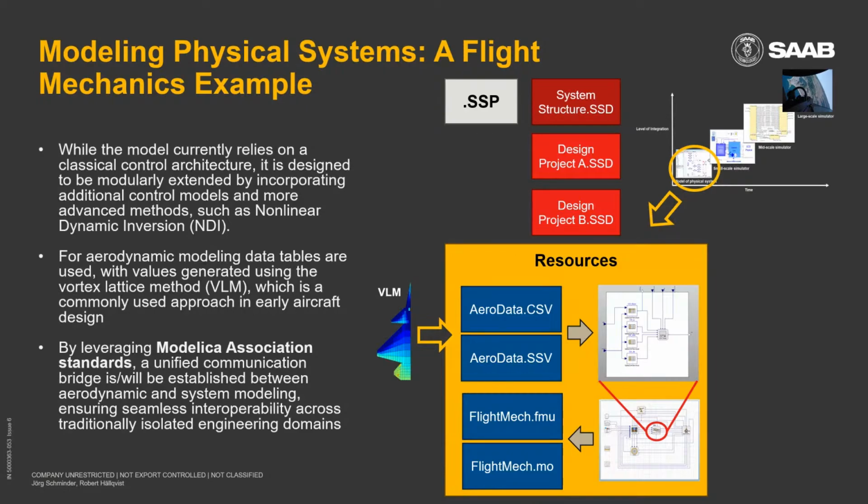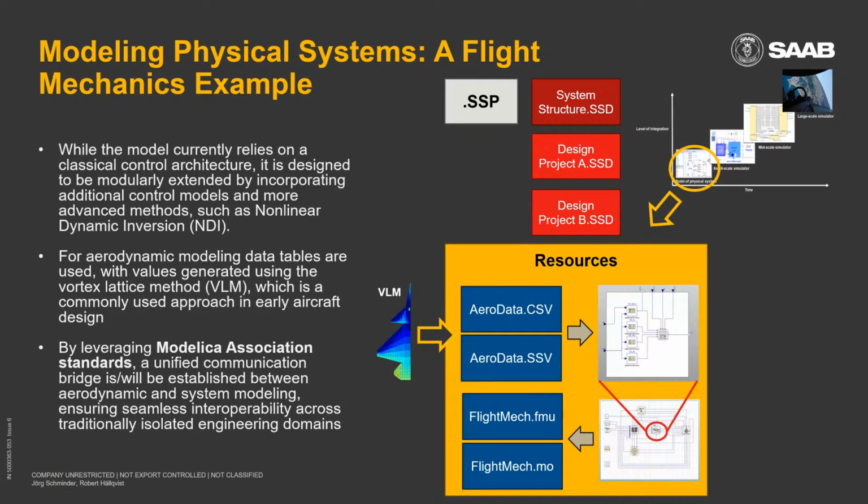So our aerodynamic data, in this case, are simulated using a panel code, and this data are at the moment CSV data files, which are then read into 2D tables, which you can find in the standard Modelica library. And these CSV files are then the input for the aerodynamic modeling.